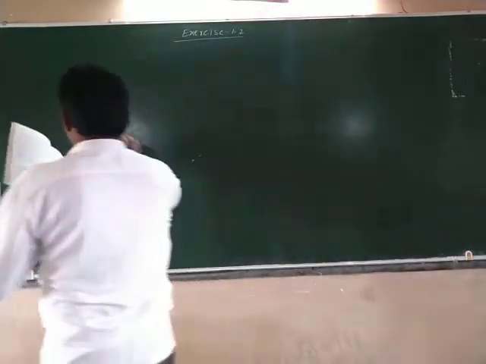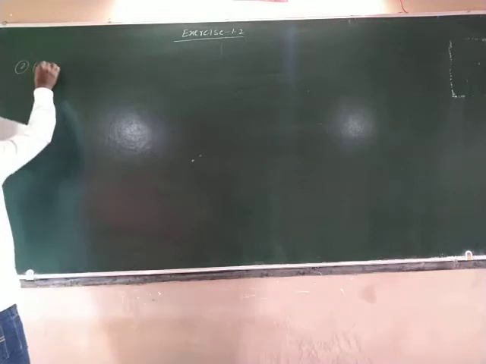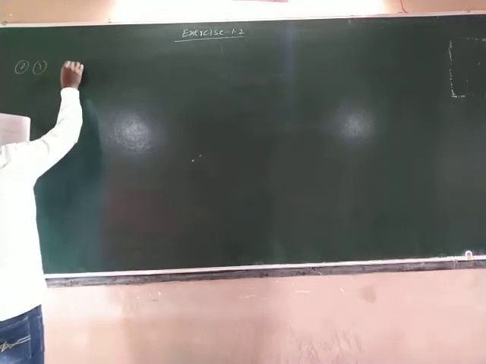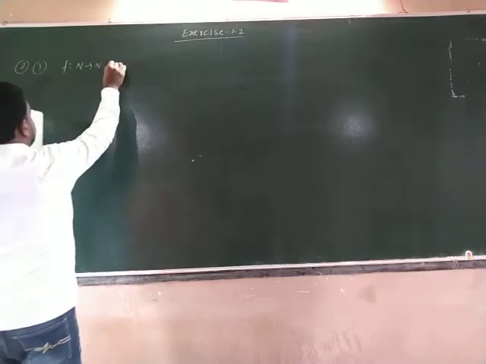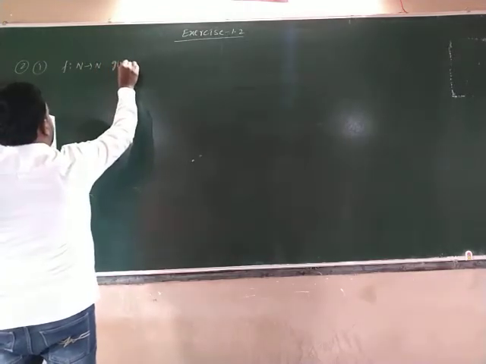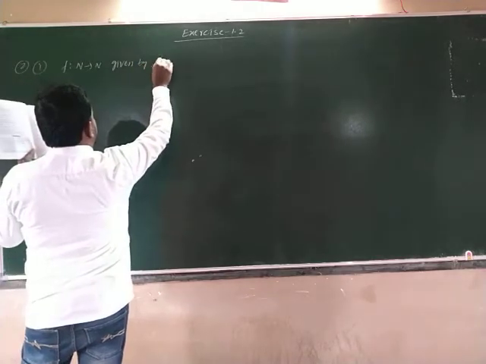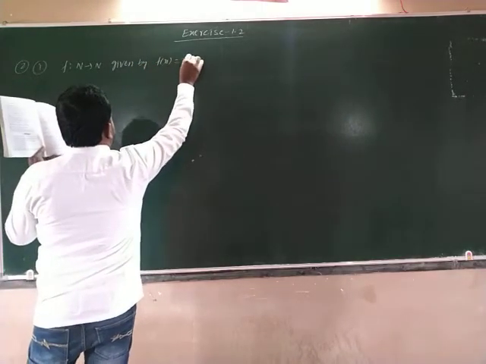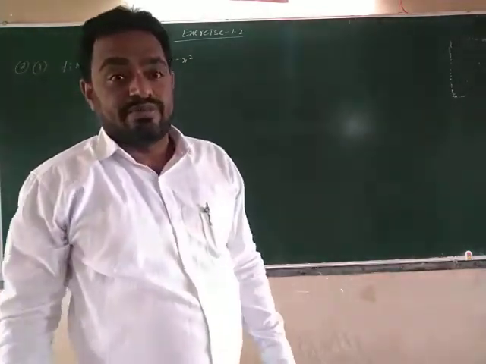First one, f is a mapping from N to N given by f of x is equal to x square.